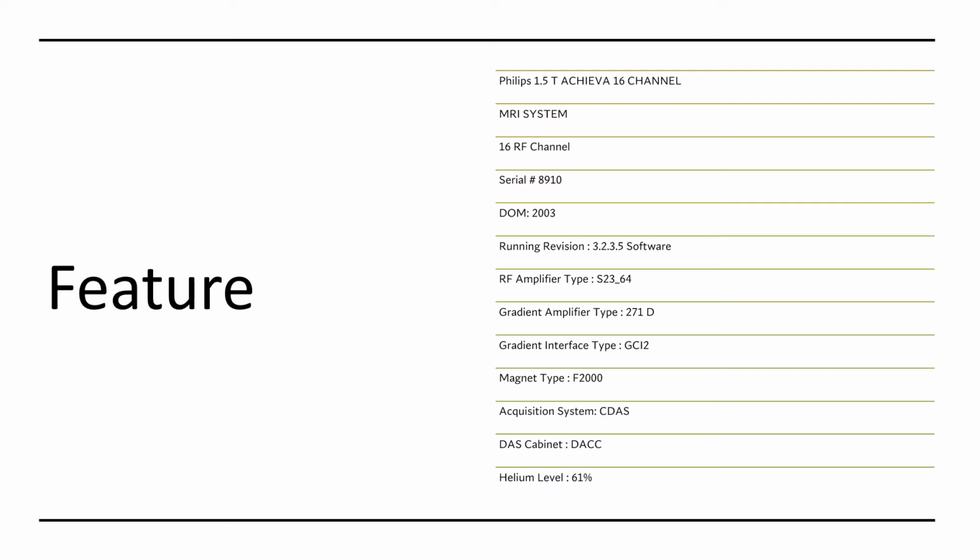RF amplifier type S23_64, gradient amplifier type 271D, gradient interface type GCI2, magnet type F2000, acquisition system CDAS, DAS cabinet DACC. For the last one, helium level 61%.